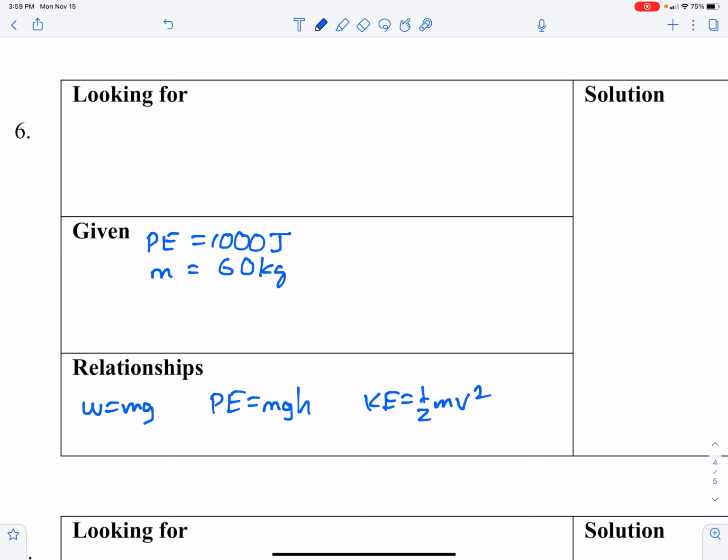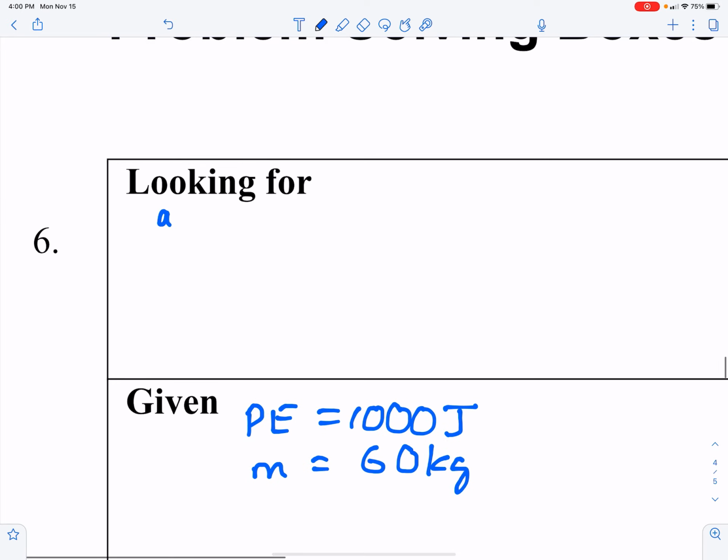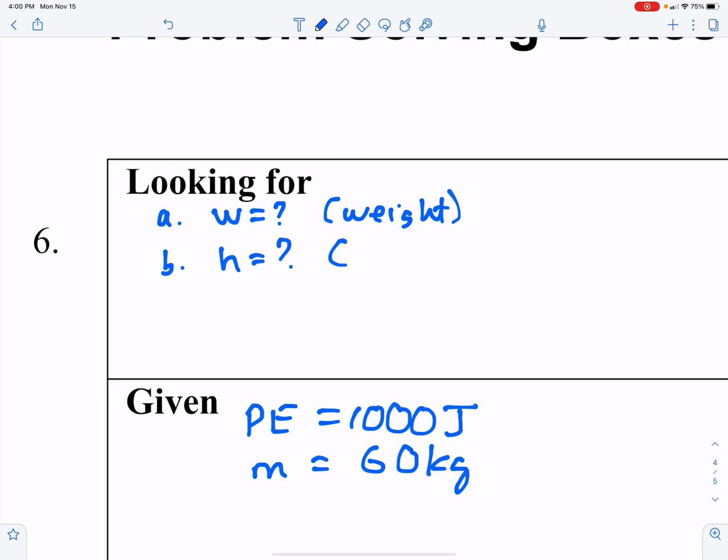All right, so what are we looking for here? Well, in part A, we're looking for the weight. In part B, we're looking for the height.